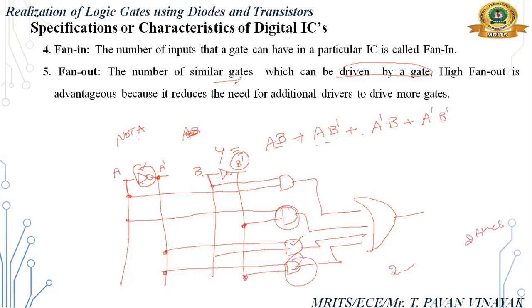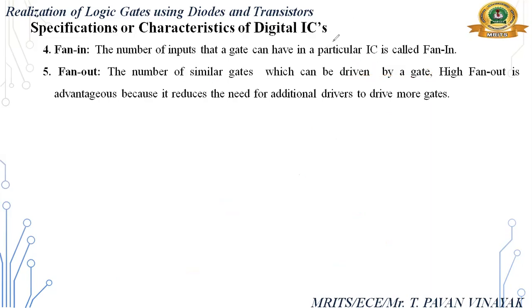Fan out is the number of similar gates which can be driven by the gate. Means using one gate, we take its output as input for many gates. But there is some limitation, and we can't use beyond that.